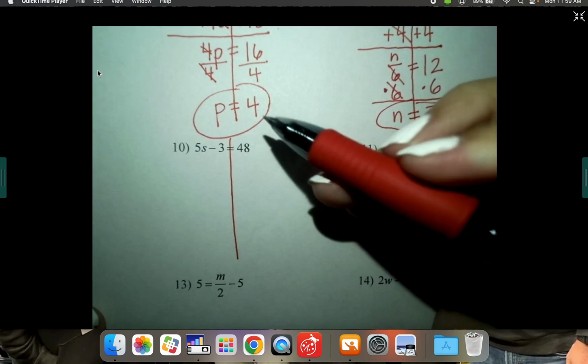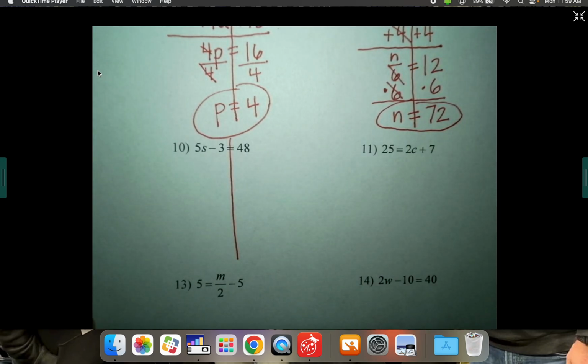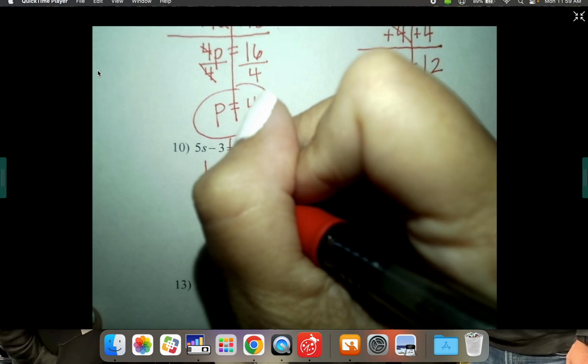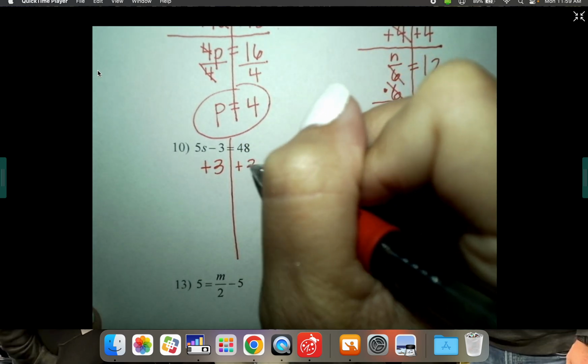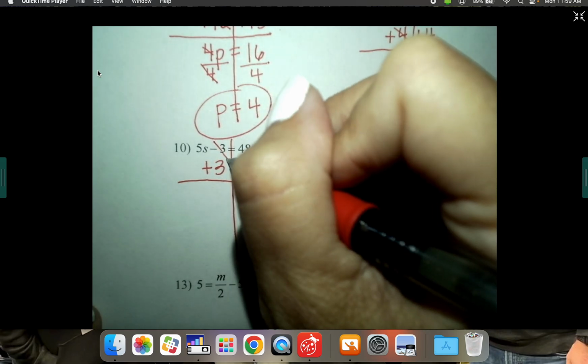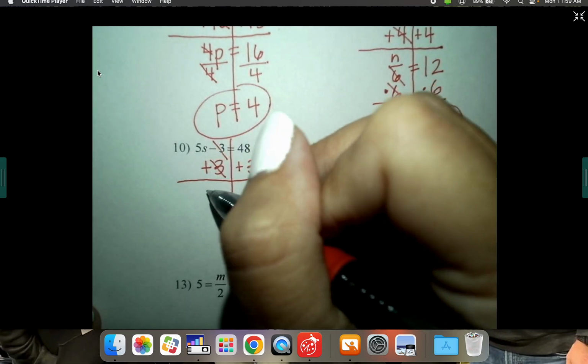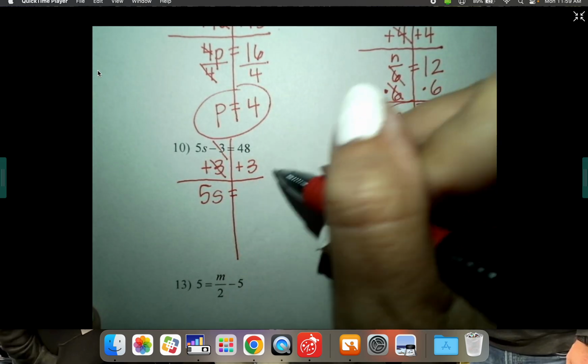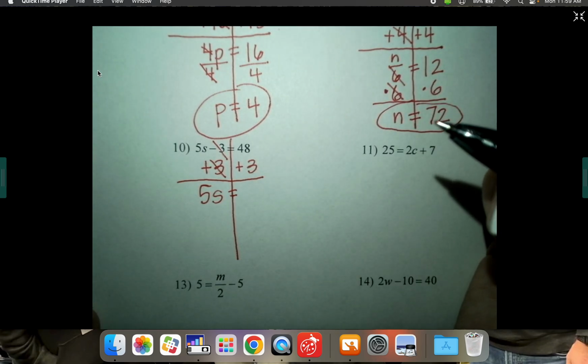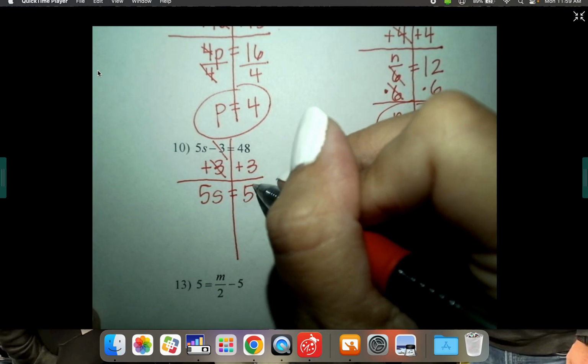So we are going to keep the 5s there, and we're going to get rid of the minus 3 by adding 3 on both sides. They cancel out. We can bring down our 5s. 48 plus 3 is 51, I think.